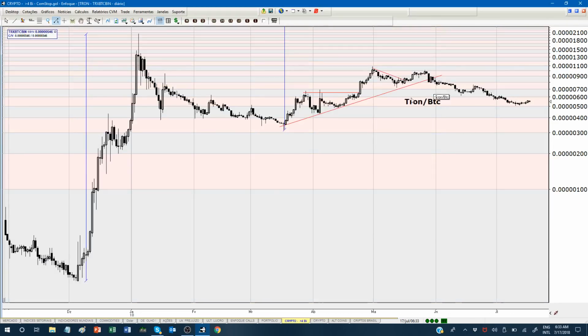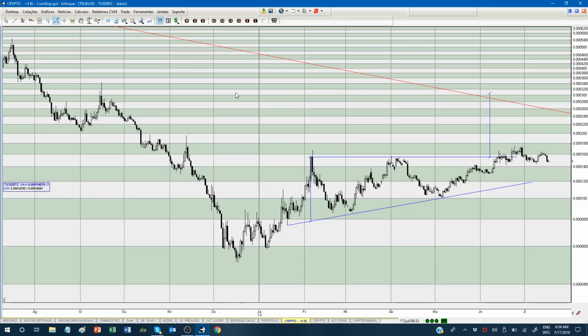Tron, no comments, it's right in the middle of this sideways mid-term trend too.